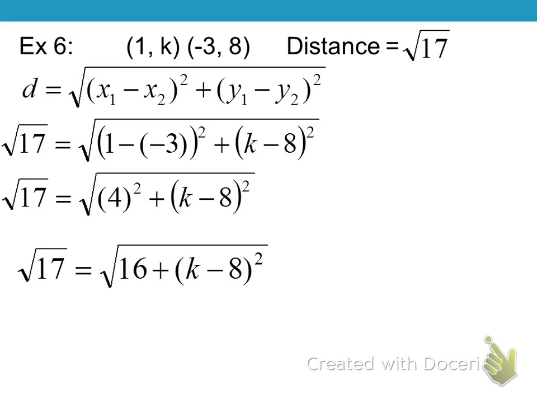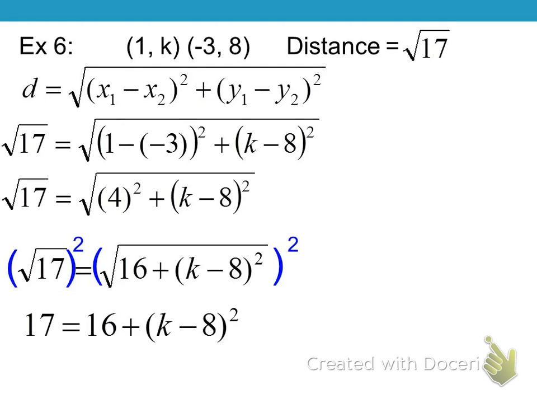All right, what should I do at this point? Square both sides. And when I square both sides, what am I going to write? Plus or minus with the 17. Wait, that's not right. I'm getting ahead of ourselves.